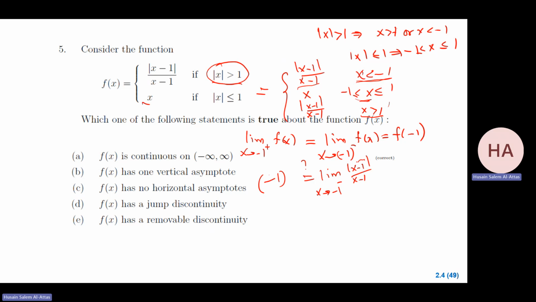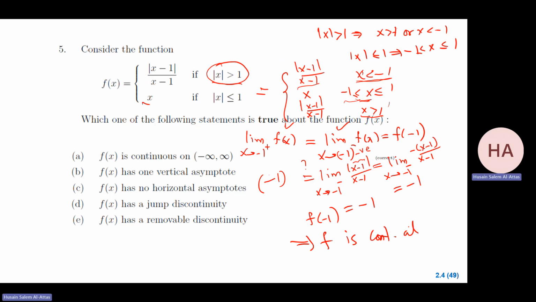So if I put it there, I'm getting a negative value. So I take it out as a negative. That will be −(x − 1) over (x − 1). That's equal to −1. So these two limits are equal. Now, what about f of −1? F of −1, you just substitute there, I'm getting −1. So f is continuous at x equal −1.